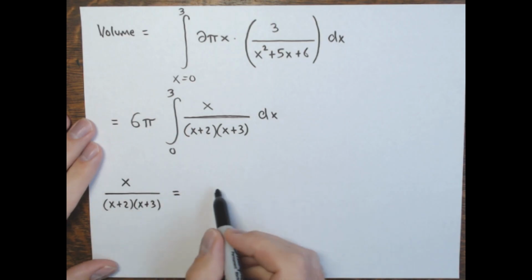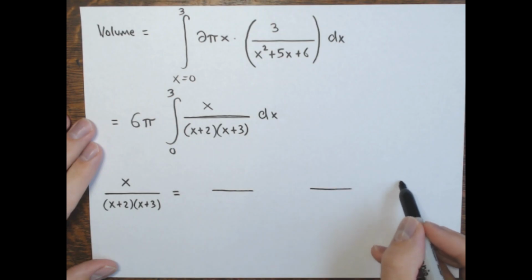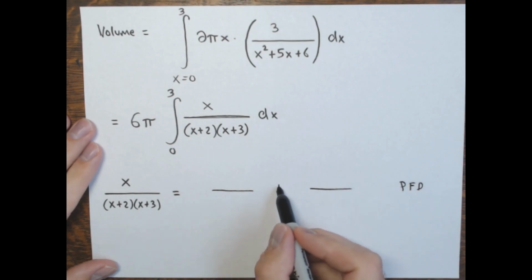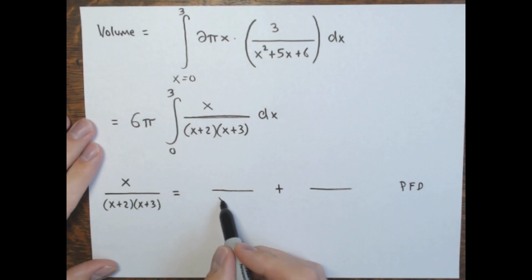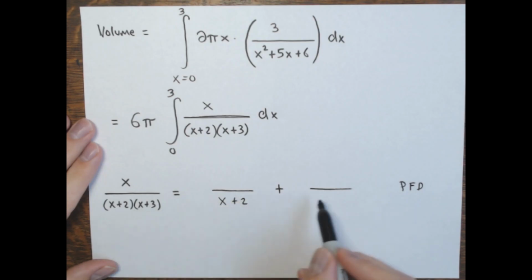And 2 factors down here, so I should have 2 fractions in my PFD. One of them with x plus 2, the other one with x plus 3.